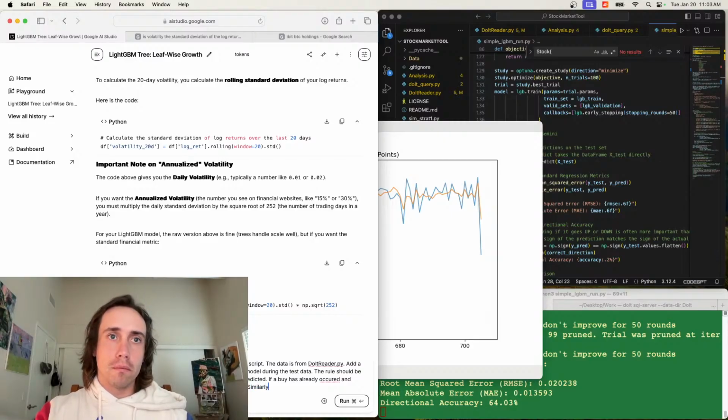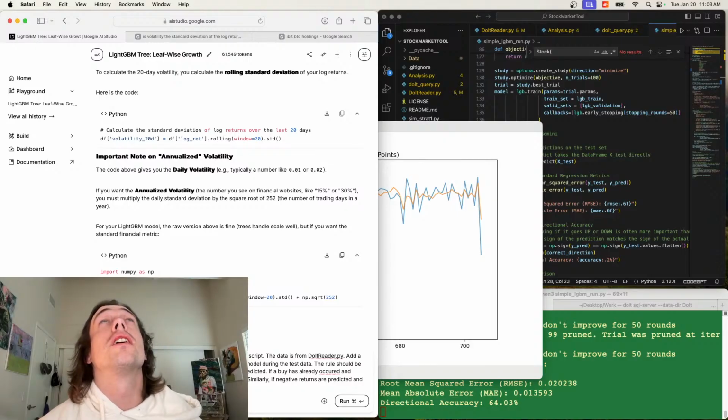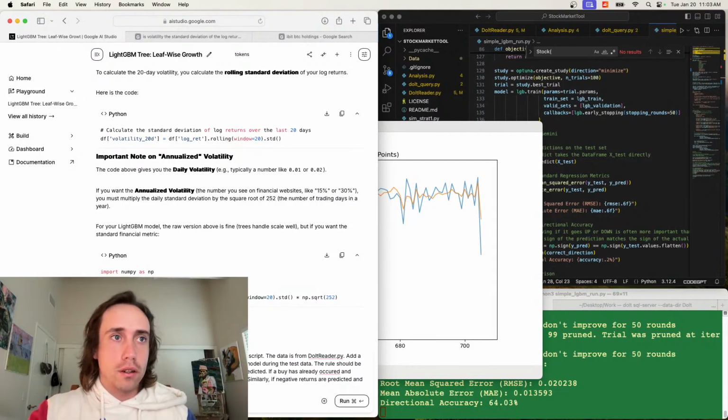Similarly, if negative returns are predicted and no stock is currently held, do nothing. Make all plots be on the same figure.